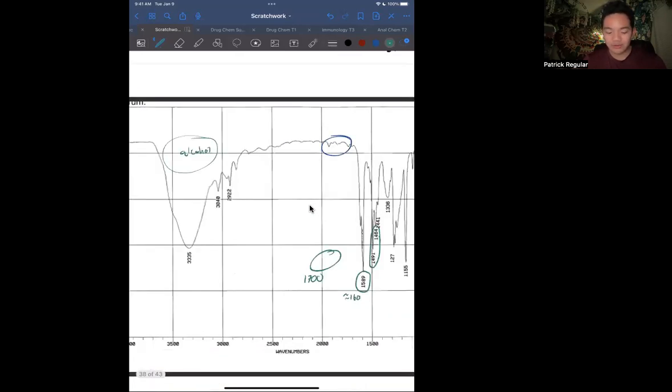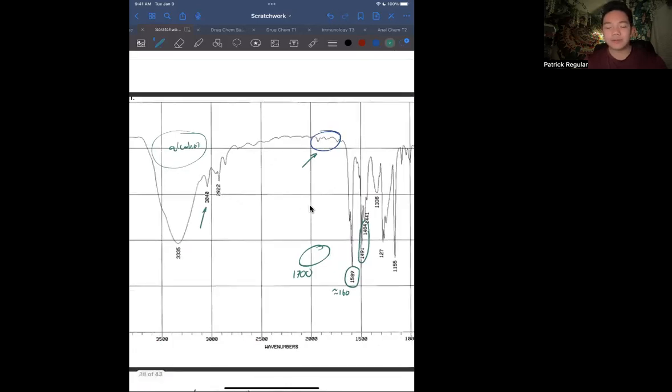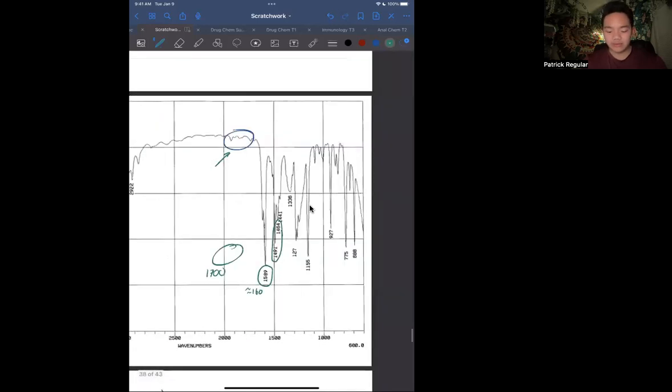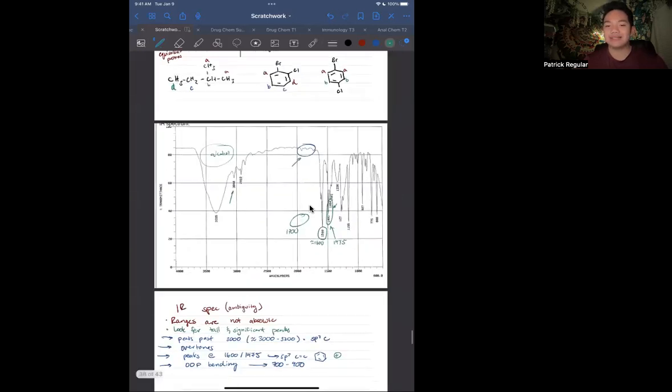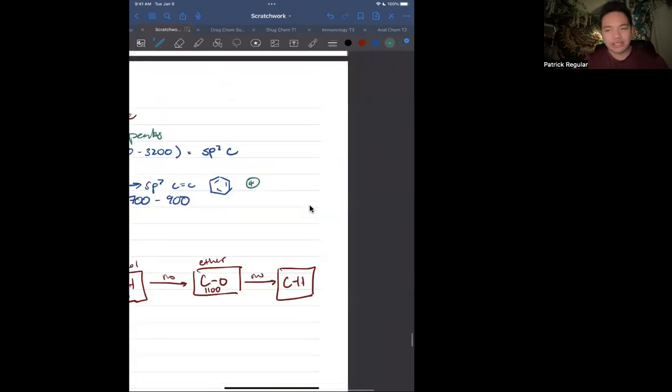But if I see some overtones right here, and some sp2 bends here, and I have 1600 and some 1475 peak, I don't know which one it would be, I can probably distribute it. And look, these are not very high. They're relatively mid. So these can maybe go unnoticed, but mid is okay.